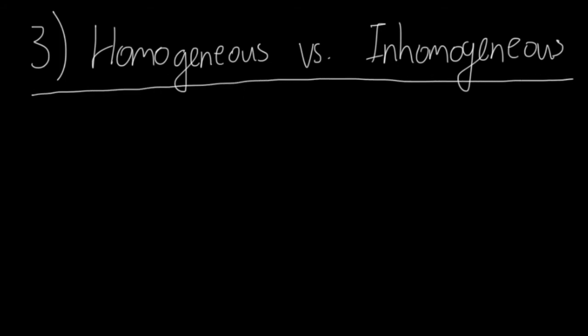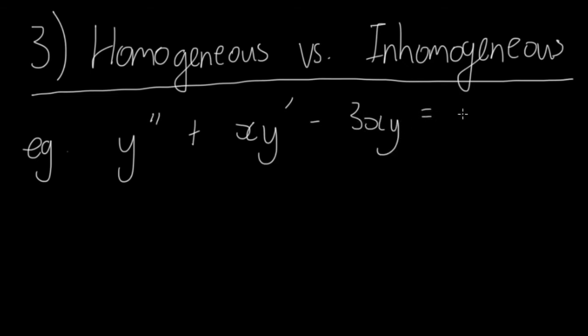Homogeneous means every term in the differential equation contains the dependent variable or its derivatives, while inhomogeneous implies there is at least one term which does not. So again, by example, suppose we use the previous example again, minus 3xy equals sin x.